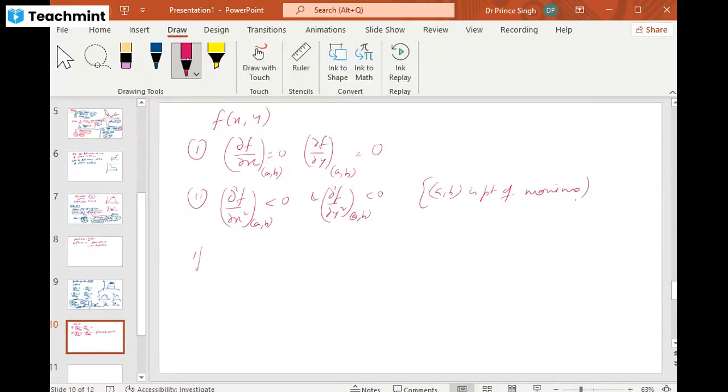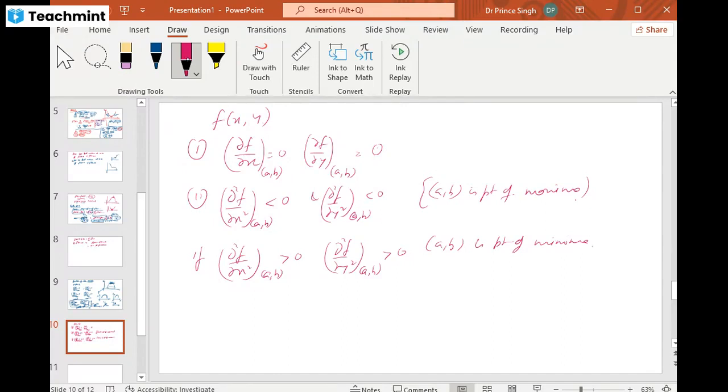And if ∂²f/∂x² at the point (a,b) and ∂²f/∂y² at the point (a,b) are greater than 0, then (a,b) is the point of minimum, right?